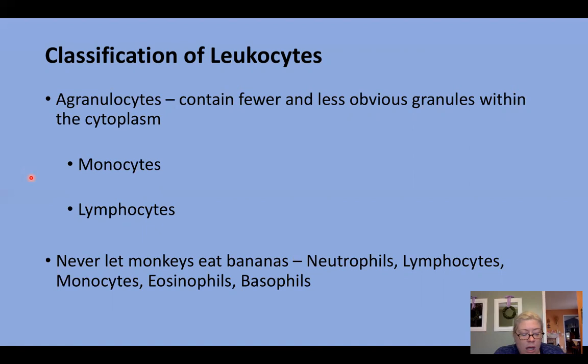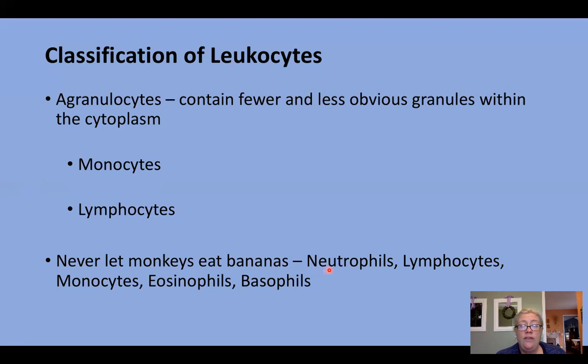Not all of the leukocytes are present in equal numbers in circulation. We have ones that are very prevalent, and we have ones that are rare. The way you can remember the most prevalent to the most rare is with the little saying, never let monkeys eat bananas. If you remember that, you will remember NLMEB, from the most prevalent to the least prevalent leukocytes.